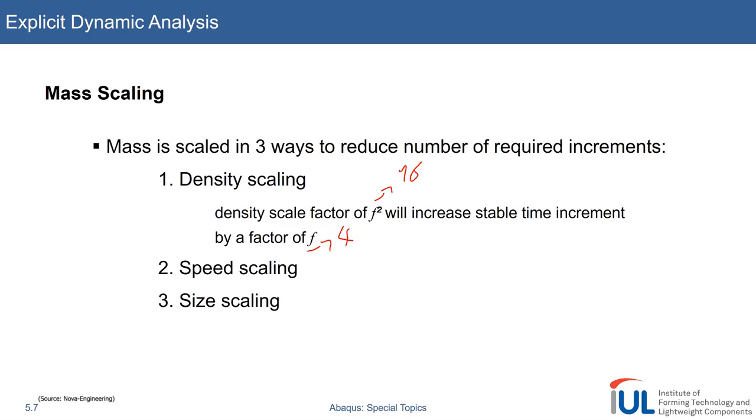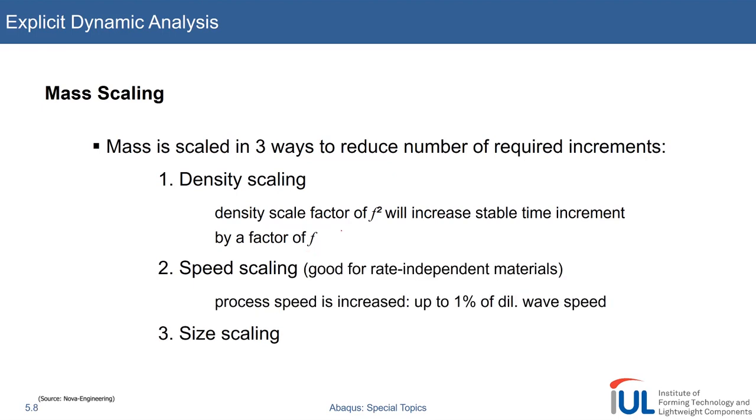And if you have your total physical time that you want to simulate, for example 1 second, and you divide it by the 10 times larger delta t's, your simulation should be done 10 times as fast.